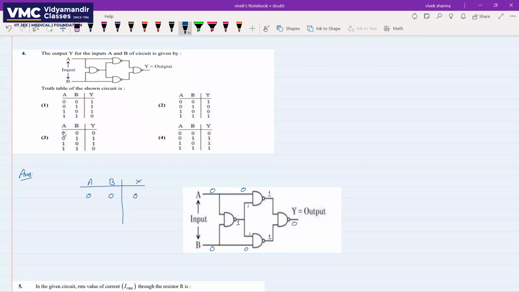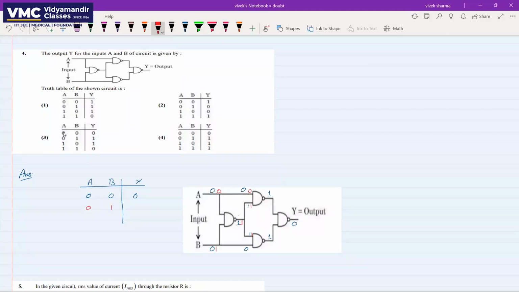So Y is 0. Next, for the second case, I will take 0, 1. So A is 0, B is 1. For 0, 1, the output will be 1. So this is also 1, 1.